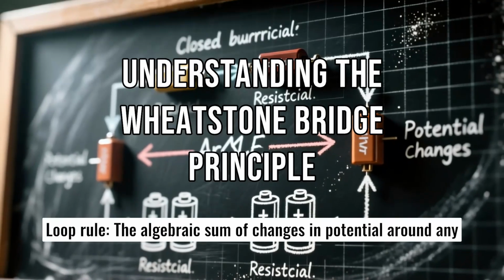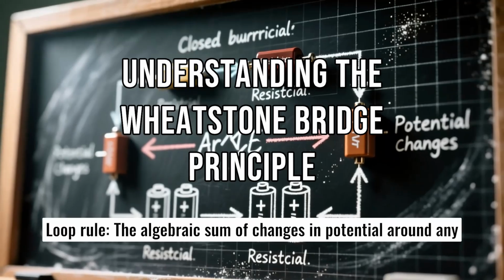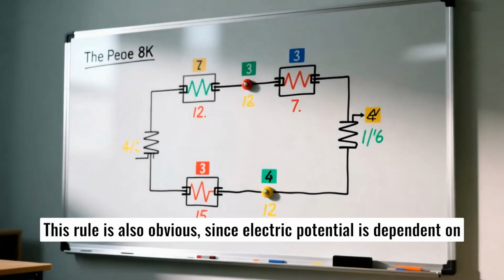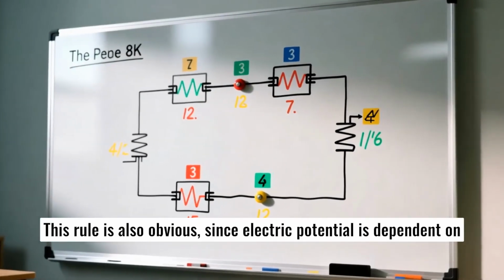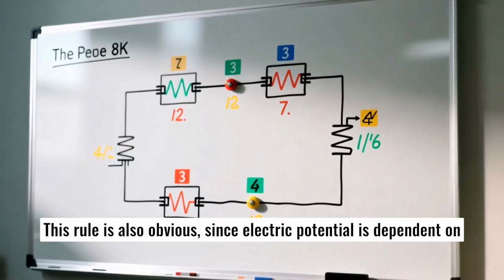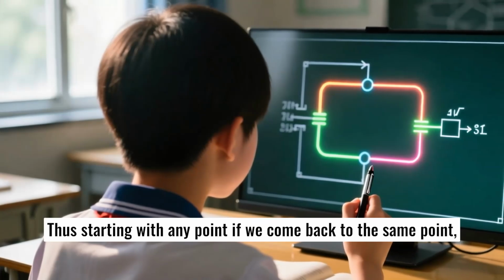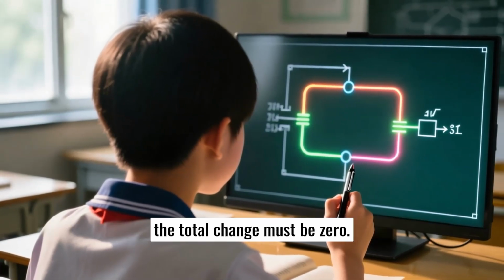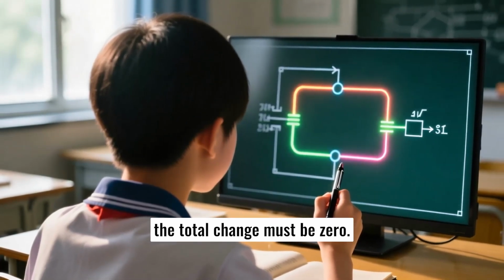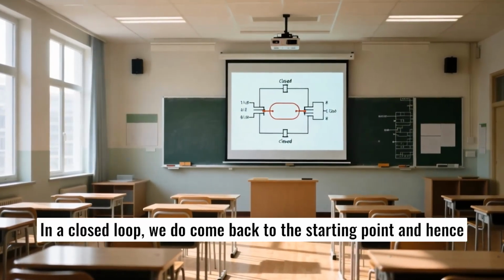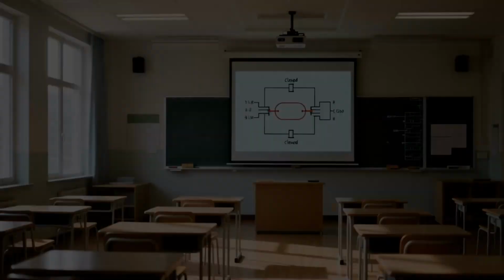B. Loop rule. The algebraic sum of changes in potential around any closed loop involving resistors and cells in the loop is zero. This rule is also obvious, since electric potential is dependent on the location of the point. Thus, starting with any point, if we come back to the same point, the total change must be zero. In a closed loop, we do come back to the starting point, and hence the rule.